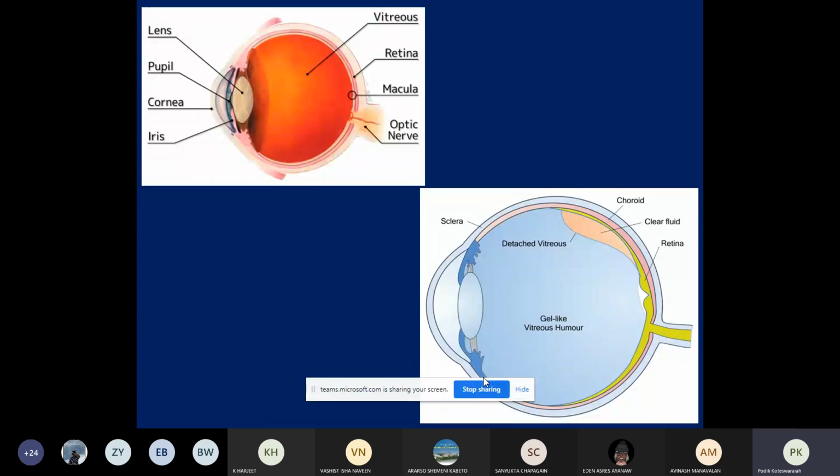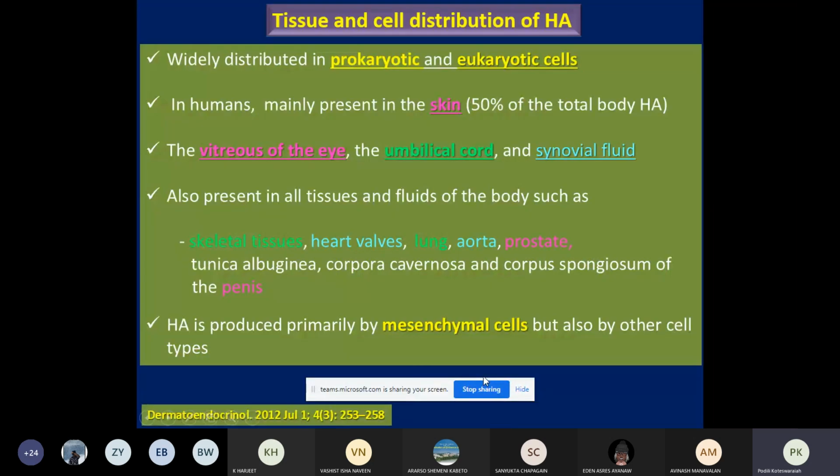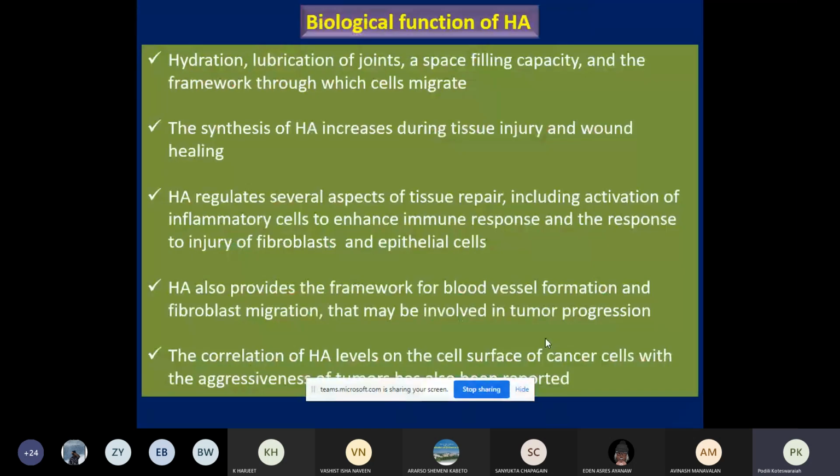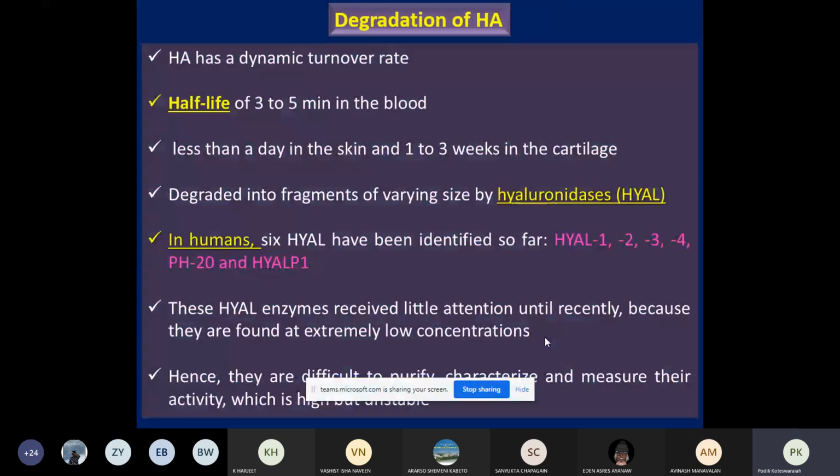As I already said, the major function of hyaluronic acid is to bind a large volume of water, and as a result it provides lubrication to the mobile parts, especially the joints and the muscles. Therefore, it is also used as an excellent therapeutic dietary supplement for treating osteoarthritis and so on.